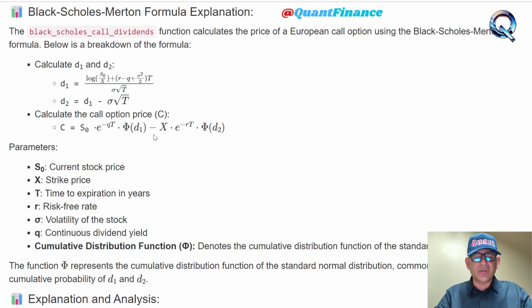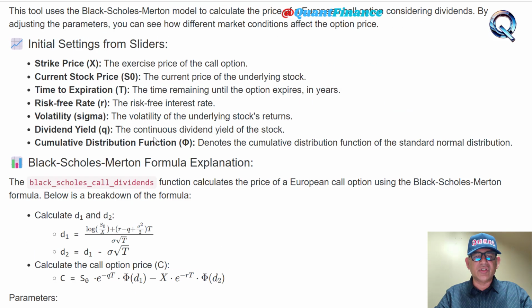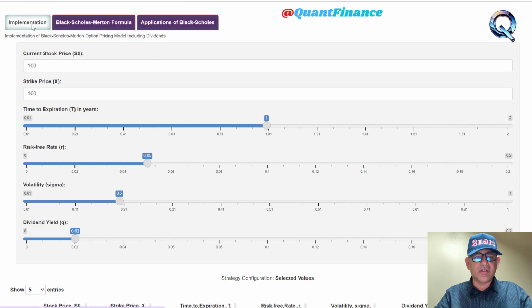Once these inputs are entered in the implementation tab, the user will enter the current stock price, strike price, and time to expiration. The user will select the risk-free rate, the volatility, and the dividend yield from sliders, and the dividend yield can range from 0 to 20%.